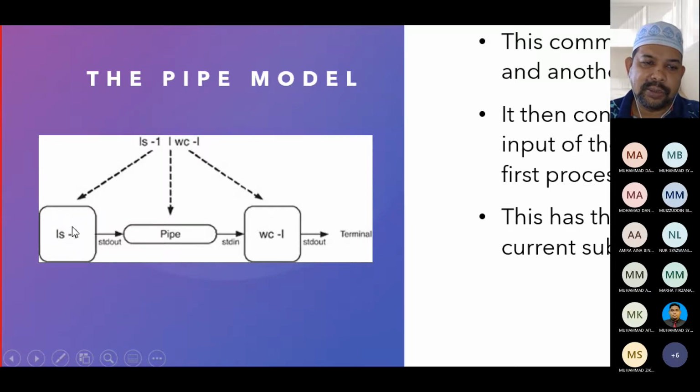Okay, ada dua proses. So we can communicate, we can work at the same time lah kan. Okay, so ls minus 1 akan keluarkan, wc minus l, so dia akan iktiraf dia sebagai standard input.